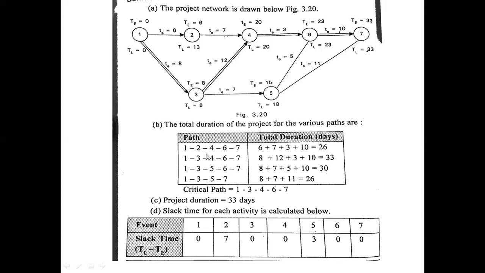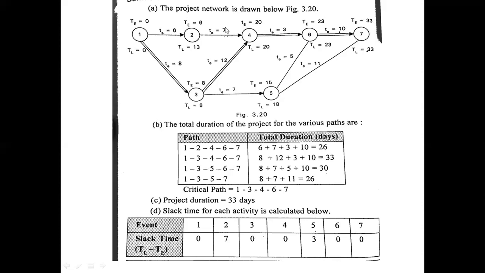To identify the paths in the project completion, you are going to have various paths. See here, from the first to the last event, 1, 2, 4, 6, 7, which is going to take 26 days. 6 plus 7 is 13, 13 plus 3 is 16, 16 plus 10 is 26.